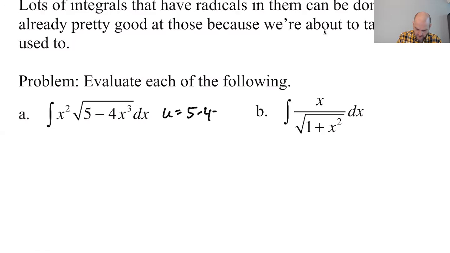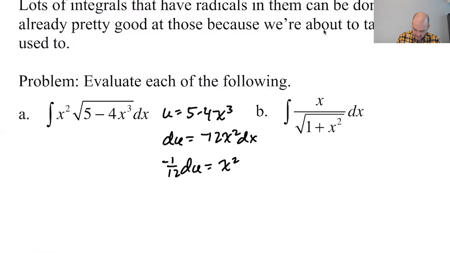Let u be 5 minus 4x cubed. Then du is going to be negative 12x squared dx. I like to do this: negative 1/12 du is x squared dx. Make all my substitutions, and I get negative 1/12 times u to the 1/2 du.